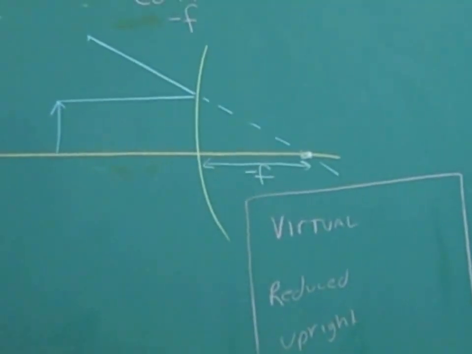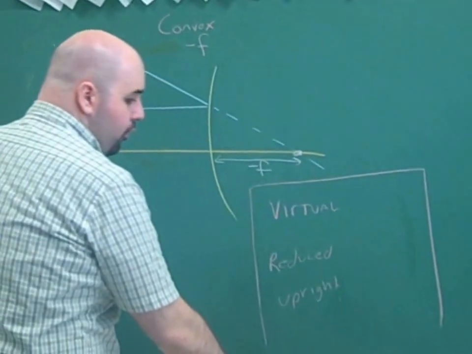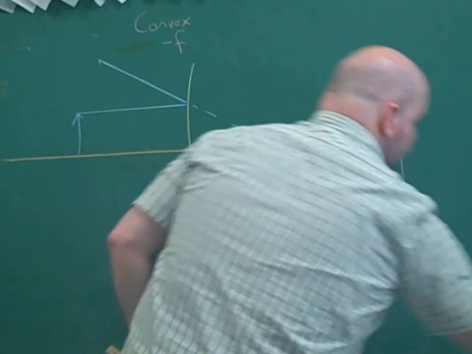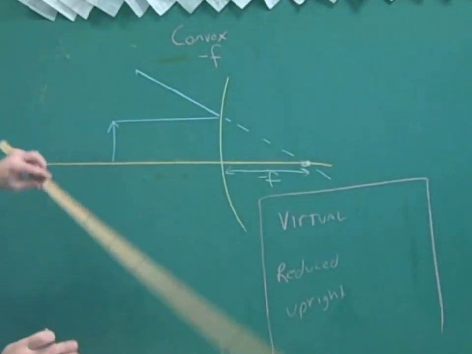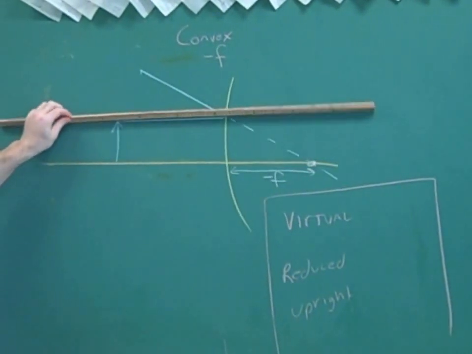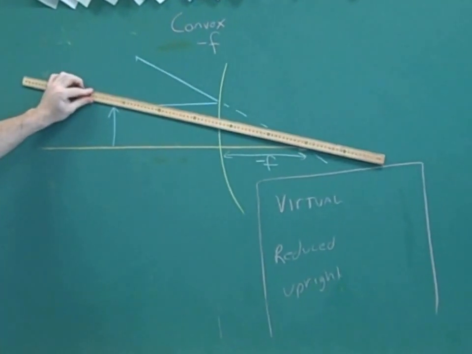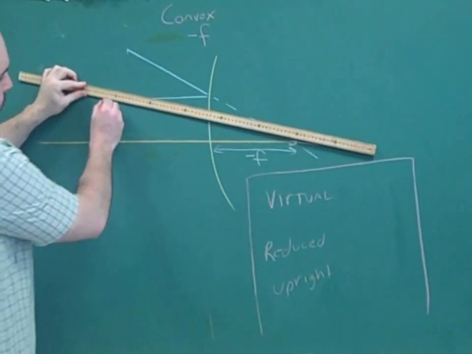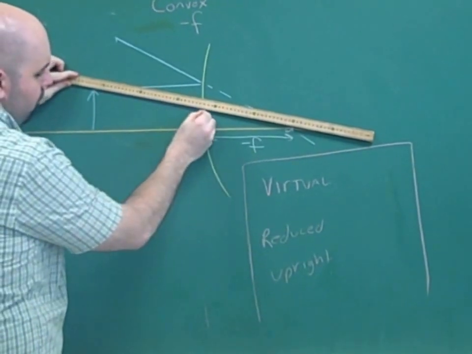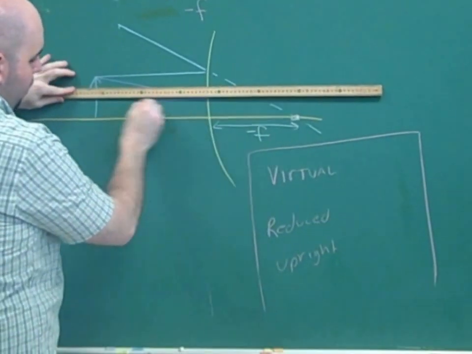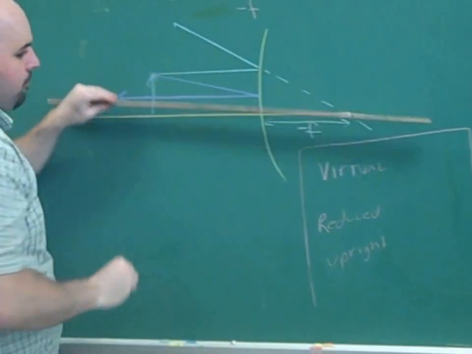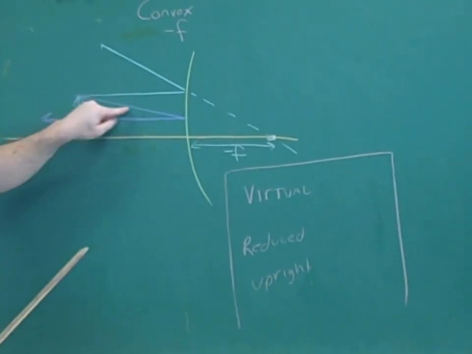And then for my other light beam, I'm going to do the opposite. Instead of parallel, then from focal point, I'm going to draw from focal point, then parallel. And to go parallel this way. Notice I did not extend it back.